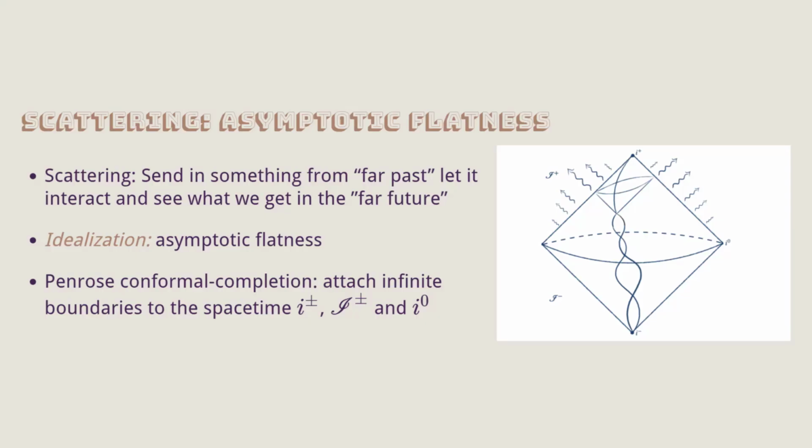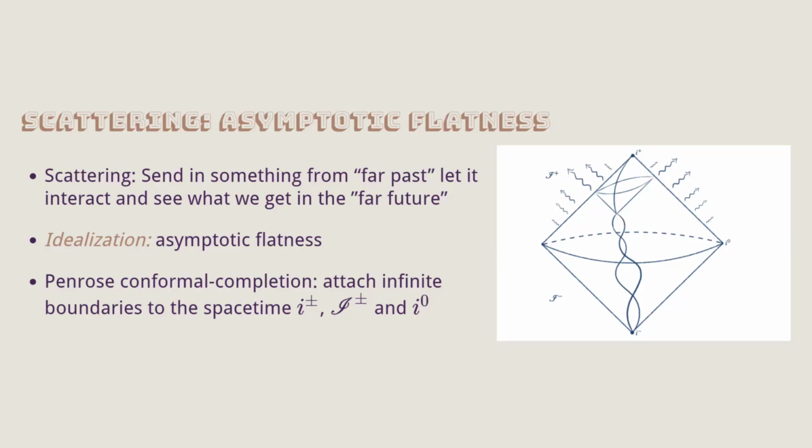To make this notion of past and future infinities more rigorous, Penrose gave the conformal completion construction. You imagine a diamond, with one dimension of space reduced: time going upwards, space going left and right.